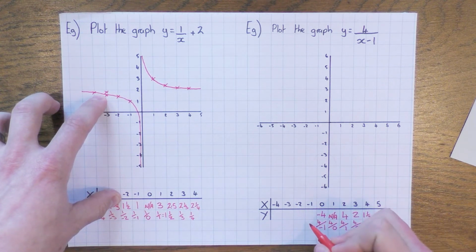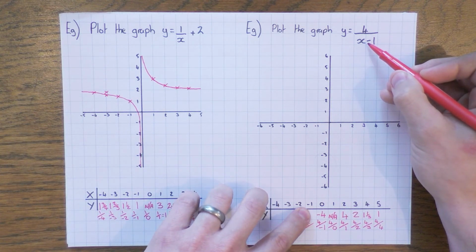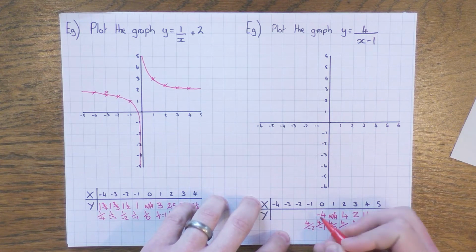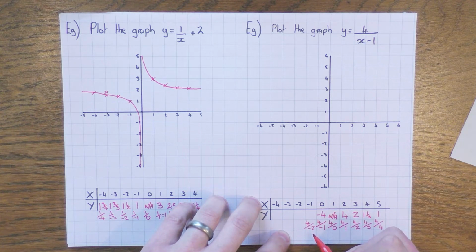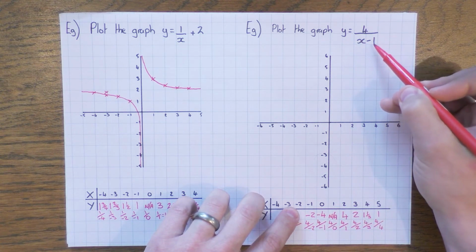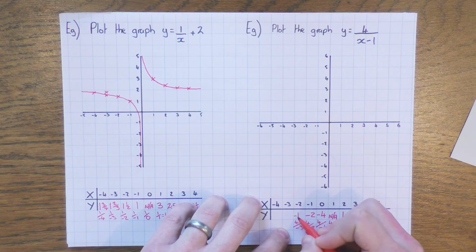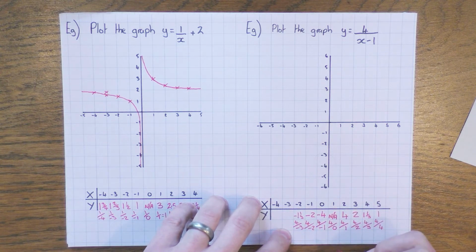Doing the negatives then, so I'm going to have the 4, and then if x is -1, so -1 minus 1 will give me -2. So 4 divided by -2 is going to give me -2. And then if x is -2, -2 minus 1 gives me -3. So that's going to give me -1 and 1/3.